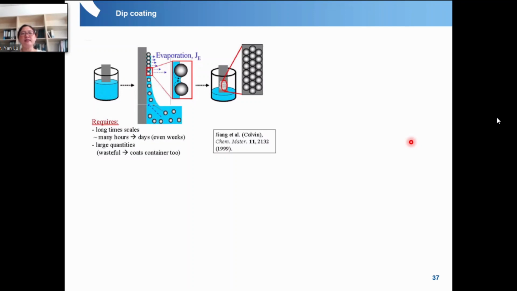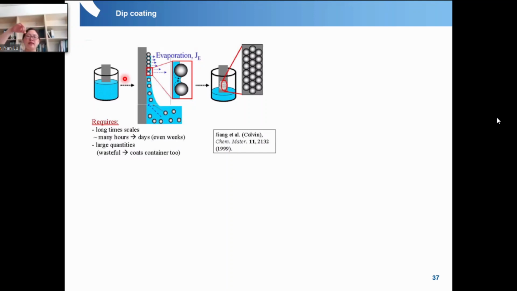Another method is dip coating. Dip coating is one of the most often used methods if you want to have ordered photonic colloidal structures. For dip coating, you have a container with a lot of dispersion. Then you put your substrate into the dispersion, and you pull it out very, very slowly.